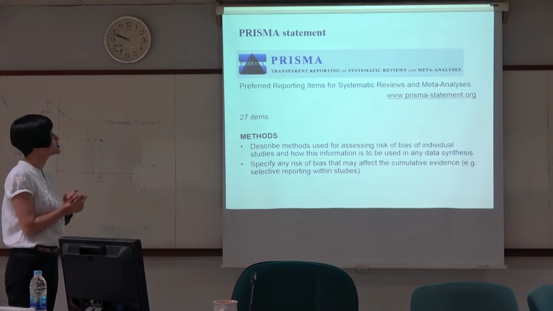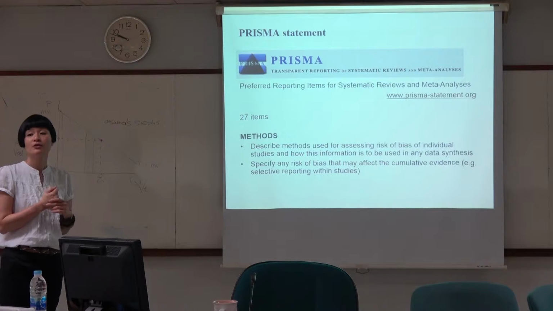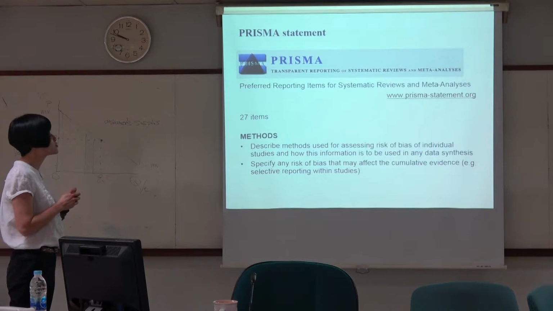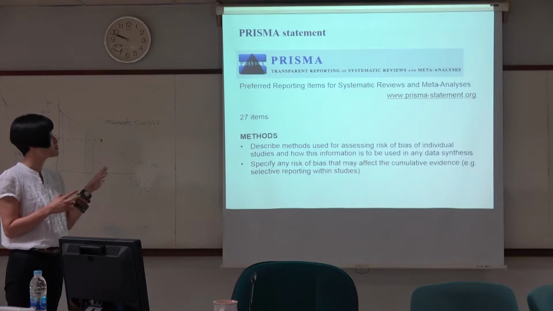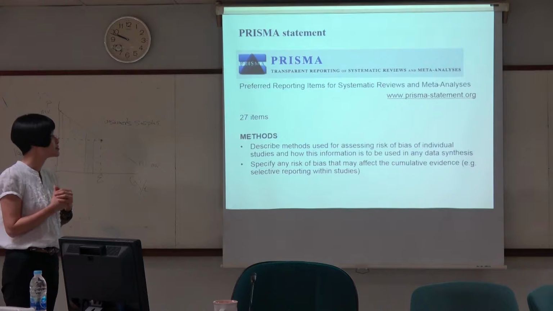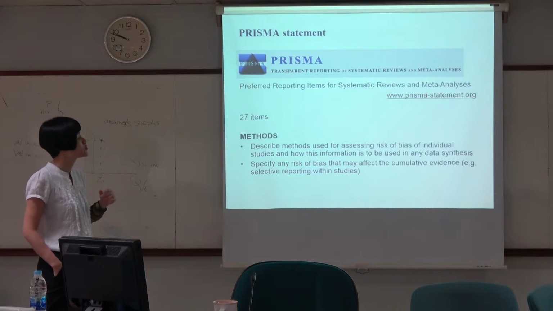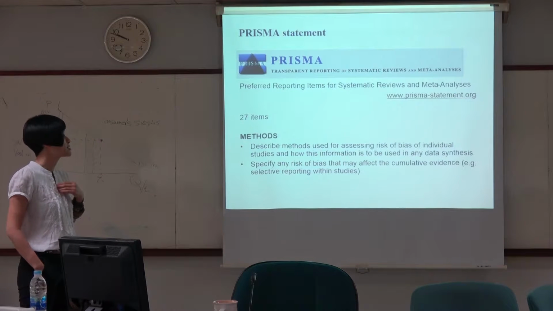Now, in terms of the PRISMA statement, on reporting the quality assessment or risk of bias, this is what they say. The PRISMA statement has 27 items, and within the 27 items, under methods, it says that you need to describe methods used for assessing risk of bias of individual studies and how this information is used in the data analysis.